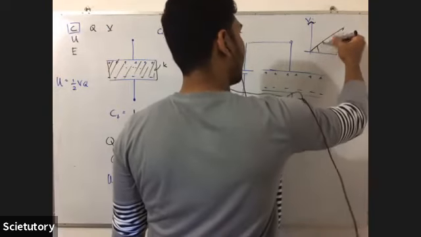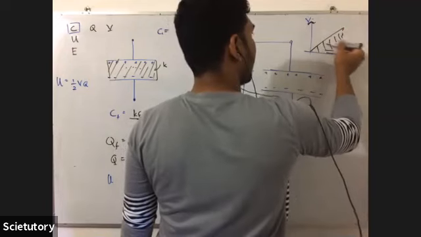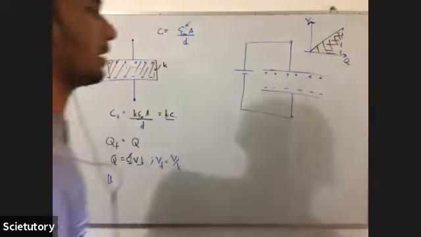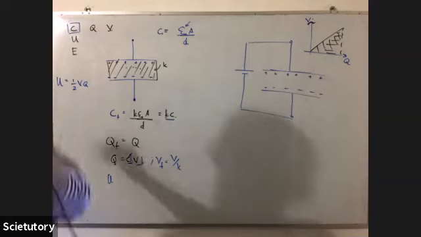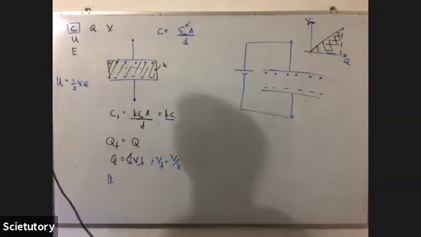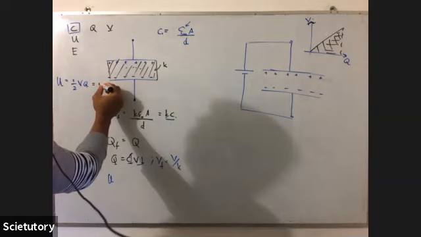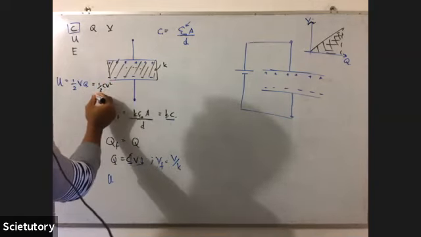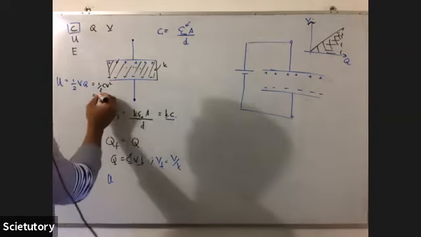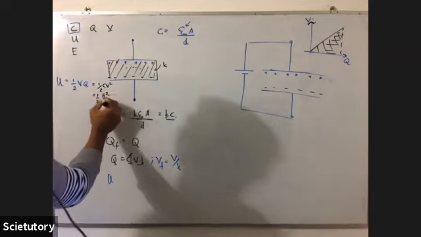So the area below the graph is equal to the energy stored, so it's half VQ. When you substitute Q is equal to CV here, it becomes half CV squared. When you substitute V is equal to Q over C, it becomes half Q squared over C.